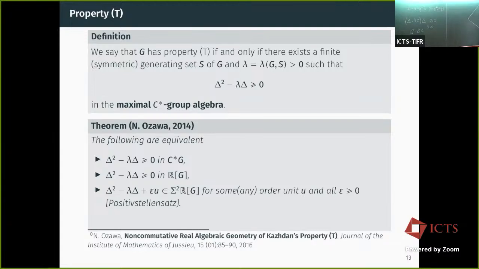You have to think of this small perturbation as follows. So the whole thing is my vector space, R G. And inside it, there is a cone of sums of squares. Okay. And now there is some topology here, called algebraic topology, corresponding to the vector space we are in. And now I take an order unit, which is an interior point of this cone in this topology.